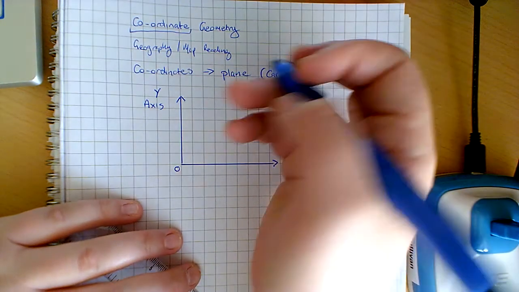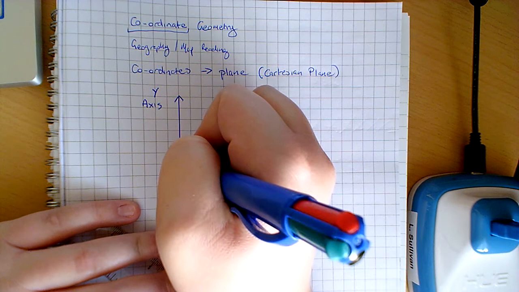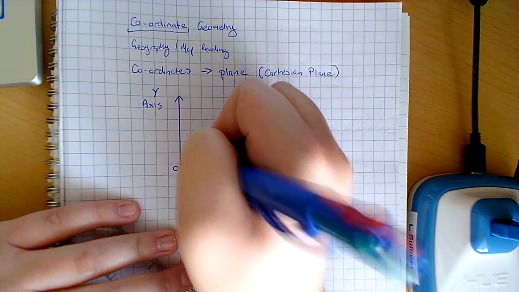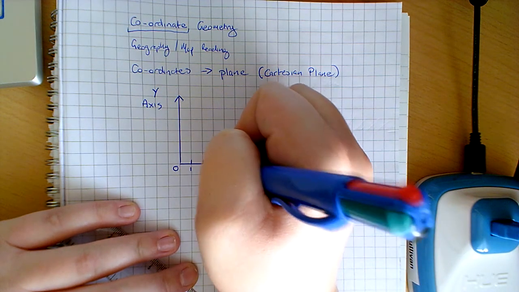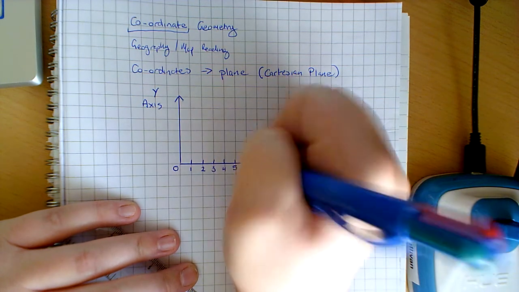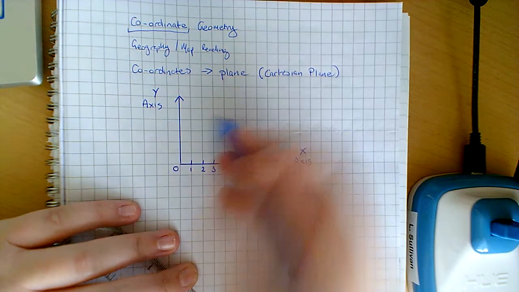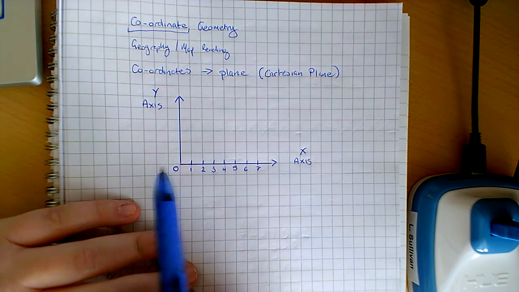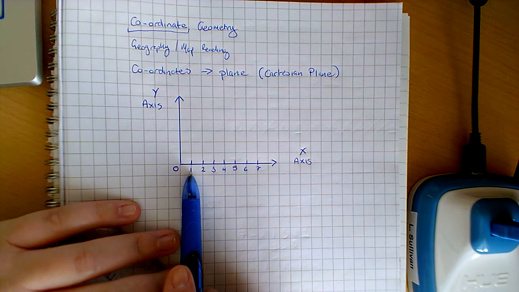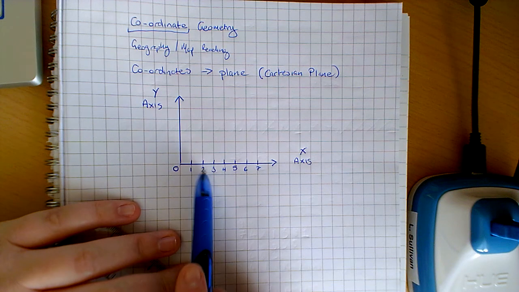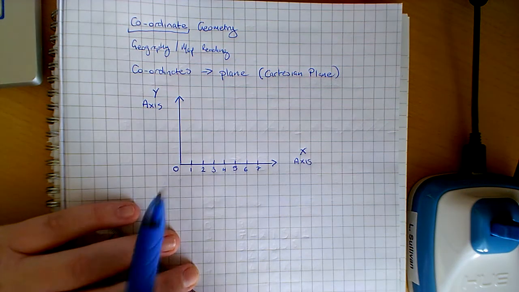But we have to have individual spaces for our different numbers. So what that means is that the gap between 0 and 1 is the same as the gap between 1 and 2, is the same as 2 and 3, all the way up.